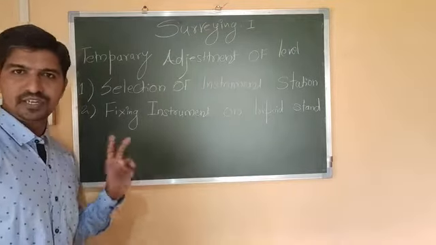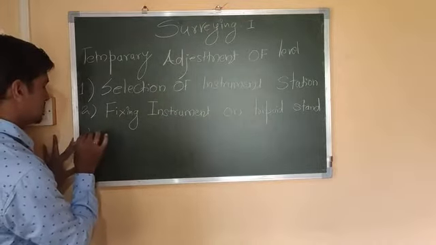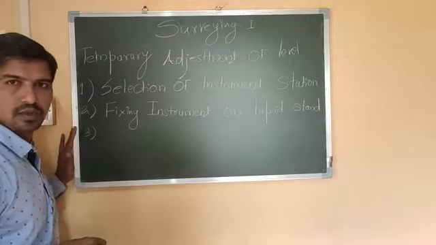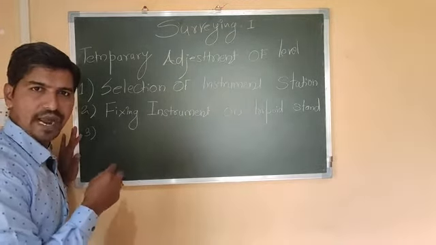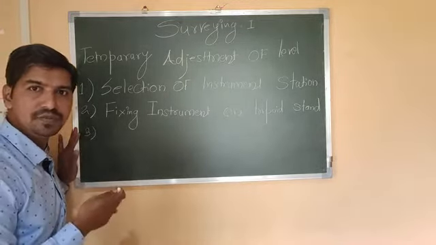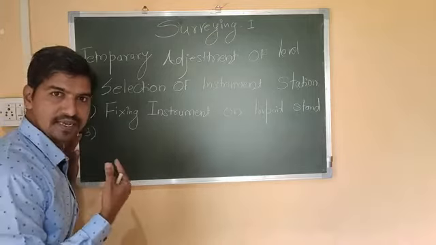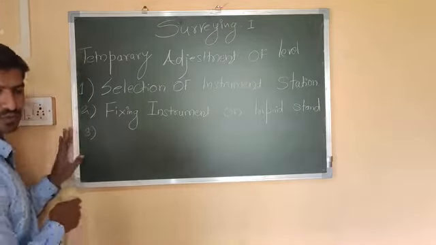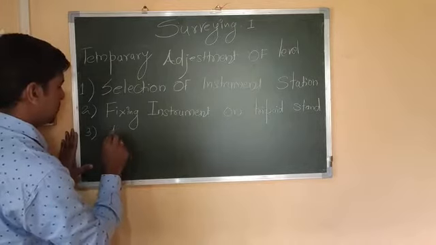Third step in the temporary adjustment is bringing the bubble to the center of its run by using the three legs of a tripod stand, which is called approximate leveling.